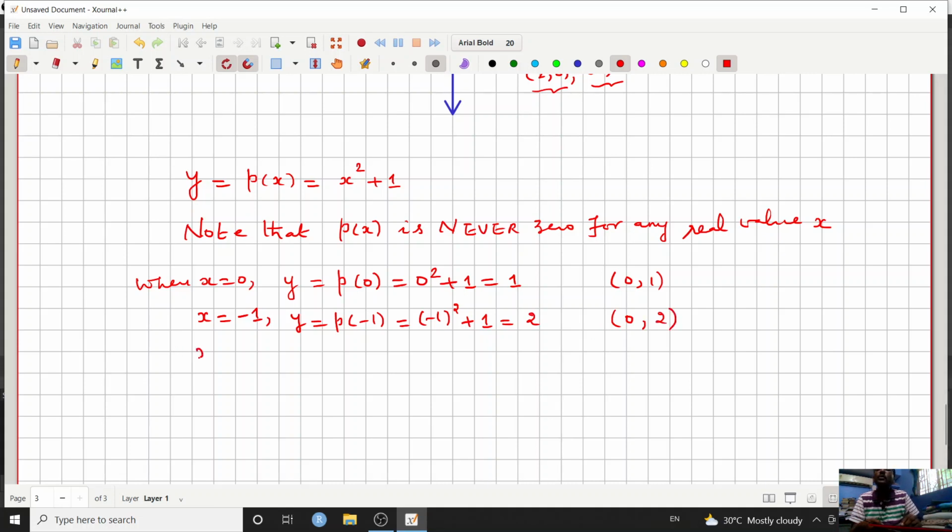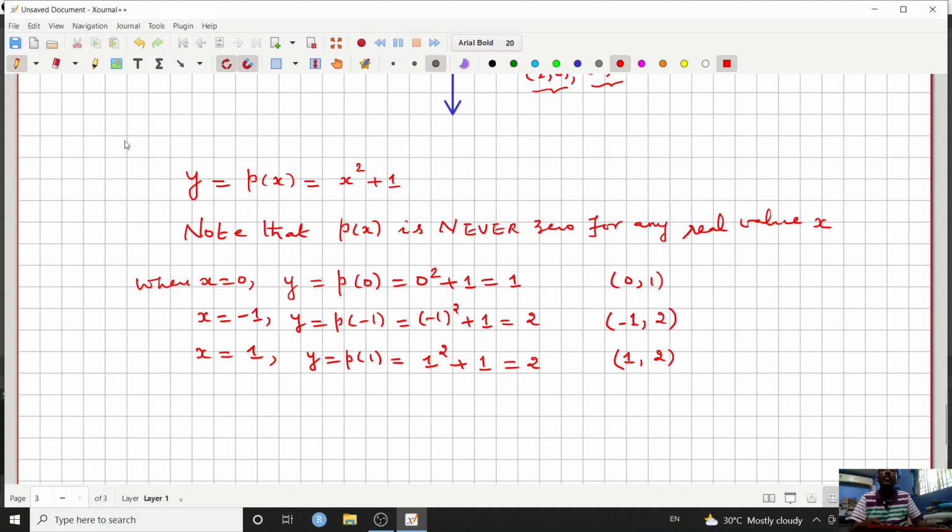And when x is equal to plus 1, y is equal to p of 1, which is 1 square plus 1, again 2. So when x is equal to 1, y is 2. I made a mistake here: even when x is minus 1, it is still plus 1.